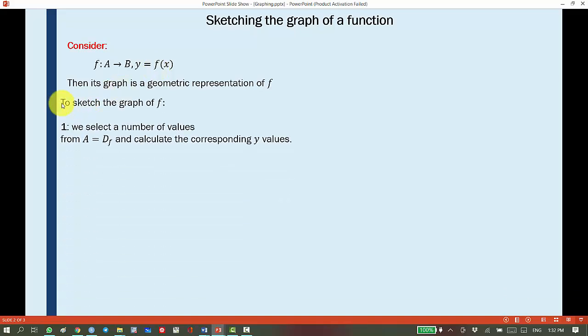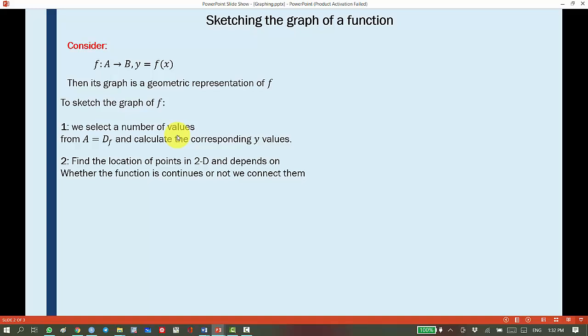To sketch the graph of the function f, in the first step we select a number of different values from the domain, that is a number of different values from A, and calculate their corresponding y values by inserting those x values in the equation of the function.